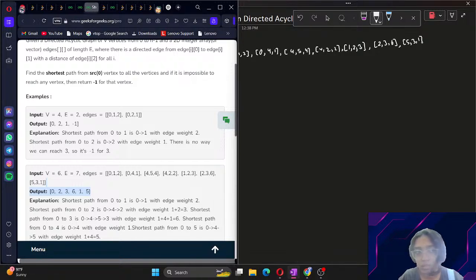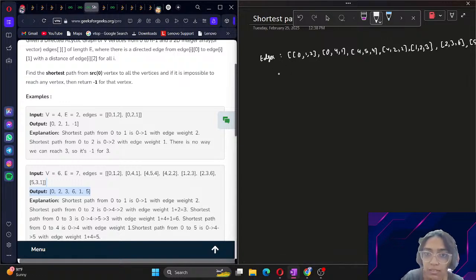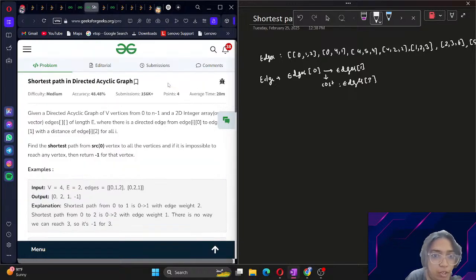Yeah, so this is what they gave. And how we are going to interpret this data is that they said we have an edge from 0 to 1 with a cost of 2. That's what they gave.